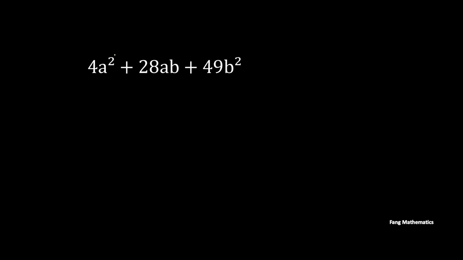Let's have a look at this example. Let's look at the first term. We have 4a squared. If you are to look at this 4, we can rewrite the 4 in terms of a square number, that is 2 squared and a squared. Let's recall the exponent rule we have, where a to the power of n, b to the power of n is equal to, you can factorize the power n, they have n in common, and put ab, two bases inside the parentheses.